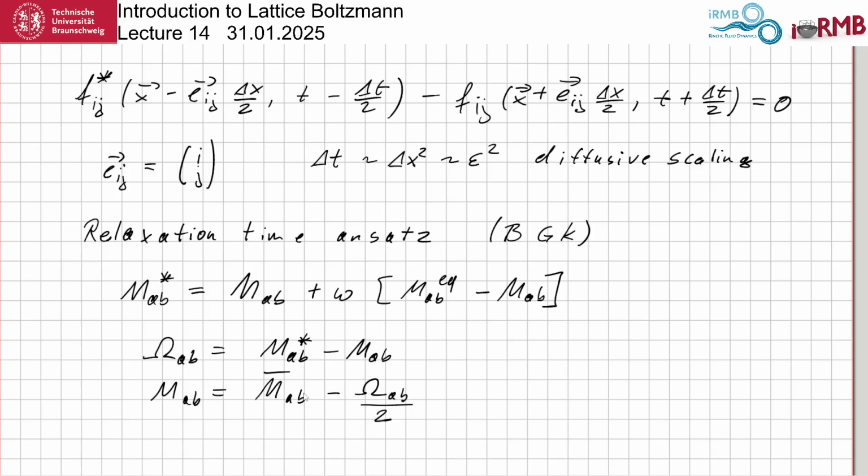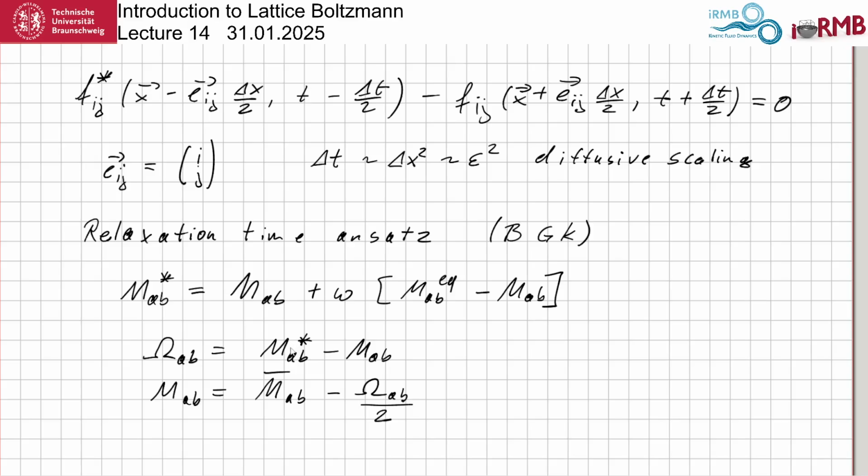Our point is that we solve the Lattice-Boltzmann equation in between time steps and in between grid spacing. So instead of the pre-collision moment and the post-collision moment, we define an average between the pre- and the post-collision moment, which we call M_AB over bar.